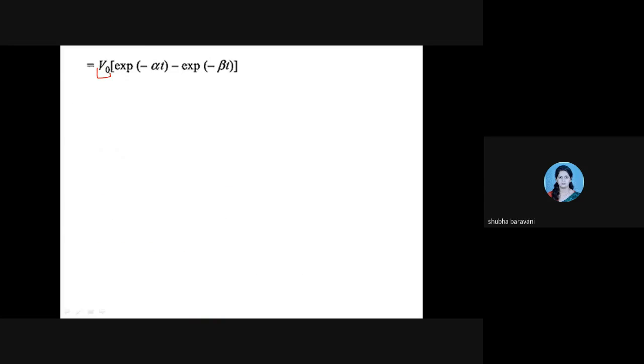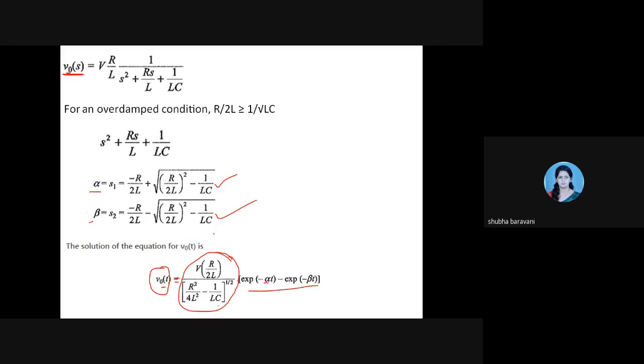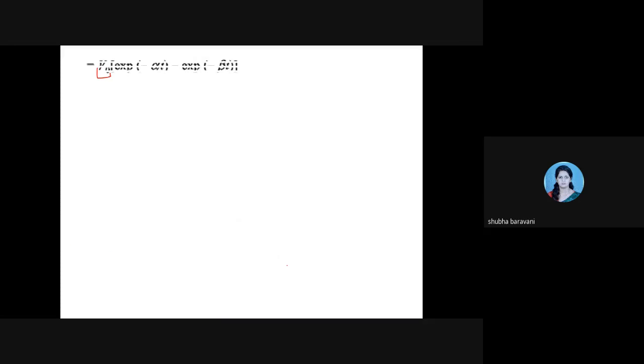So V naught is VR by 2L divided by square root of R square by 4L square minus 1 by LC. Okay, this is your V naught.